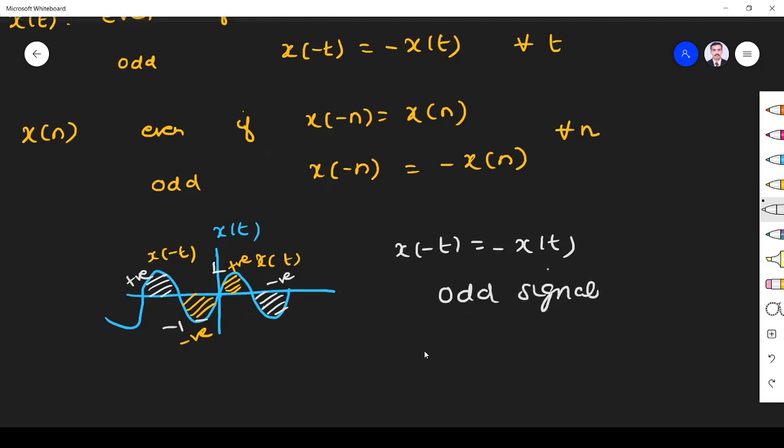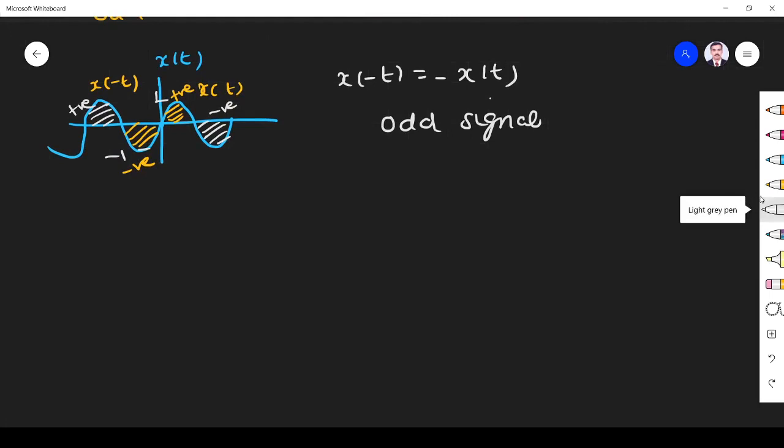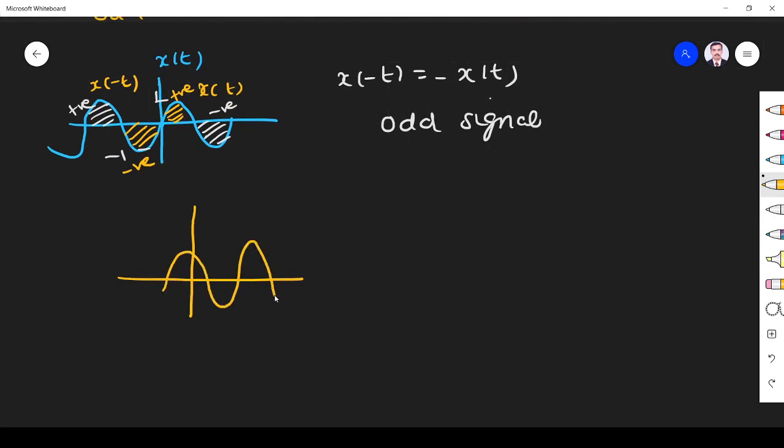Right? Let us take one more signal, the cos wave. We know the cos wave will be like this. Fine. So here you see what will happen. First half positive, second half negative. Here also first half positive, second half negative.